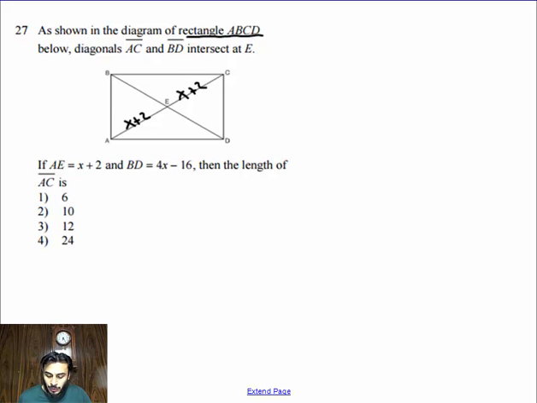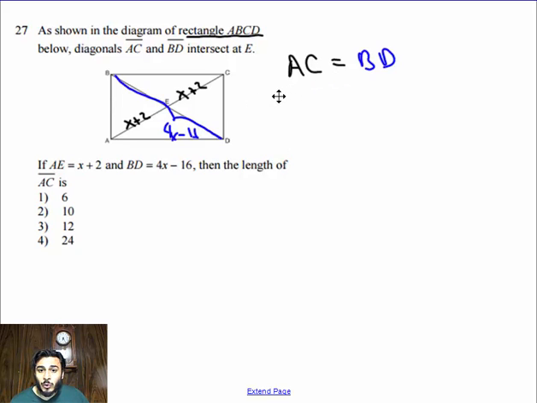And then we are told that the diagonal BD is 4x minus 16. Now here's the deal. In a rectangle, the diagonals are congruent. Now that means that the diagonal AC is congruent to the diagonal BD. This is true for rectangles, and it's also true for squares, just so you know.